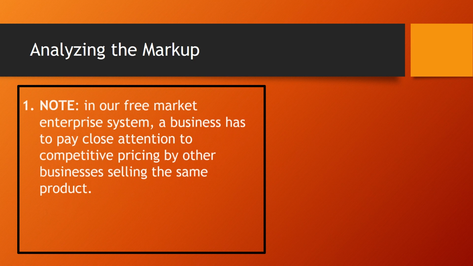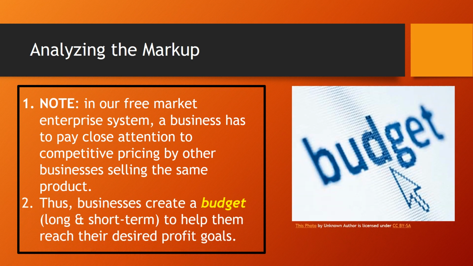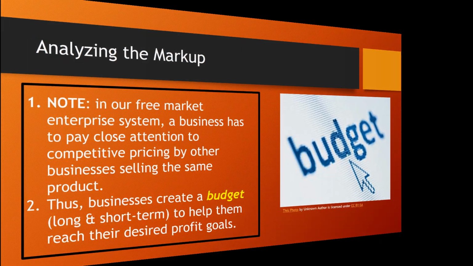Analyzing the markup. Note, in our free market enterprise system, a business has to pay close attention to competitive pricing by other businesses selling the same or similar products. Thus, businesses create a budget, a long and short term, to help them reach their desired profit goals.